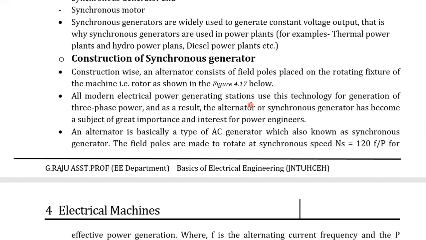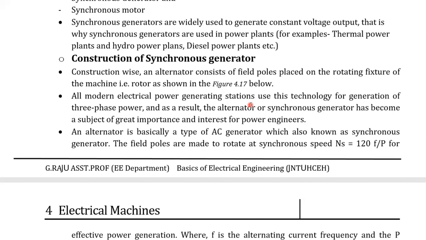But in a synchronous generator, the field winding is placed on the rotor and the armature winding is placed on the stator, because collecting power from the stationary part is very easy compared to the rotating part. That's why the field is rotating and the armature winding is stationary.